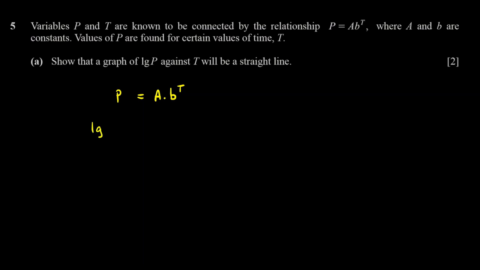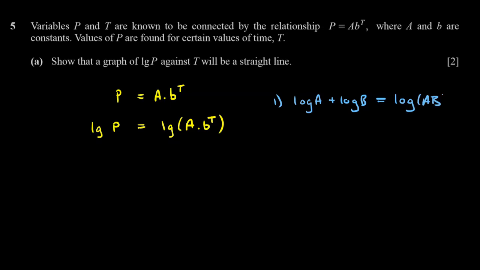So I'm going to find the log of p is equal to the log of a times b to the power of t. Now, in order to do this, we've got to know our log rules. The first log rule is the log of a plus the log of b is equal to the log of a times b.